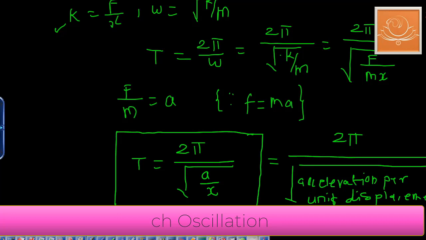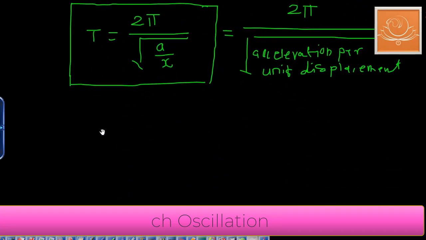Now next, frequency. Frequency is nothing but number of oscillations performed by particle in 1 second. Number of oscillations performed by particle per unit time is called the frequency, and this frequency is nothing but the reciprocal of the period. Hence the equation for frequency becomes omega divided by 2 pi, because t equal to 2 pi by omega.